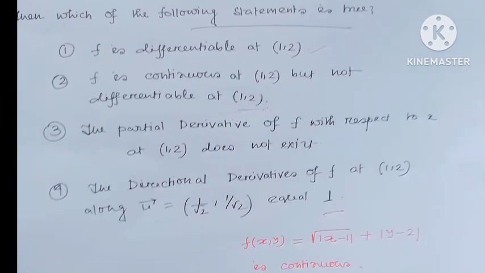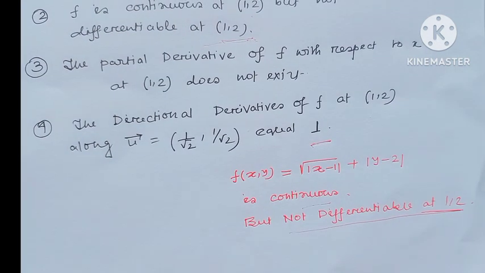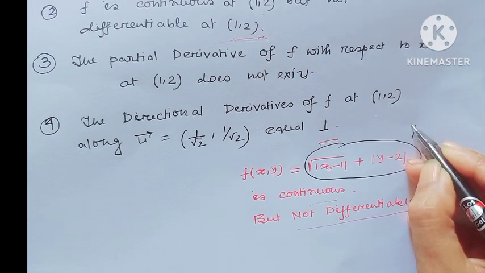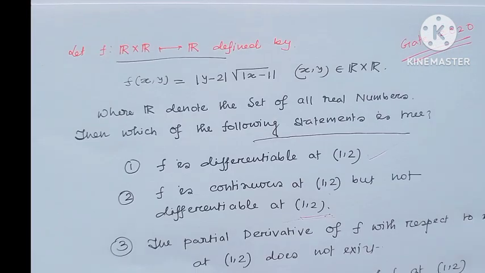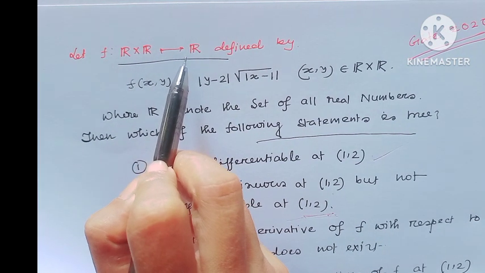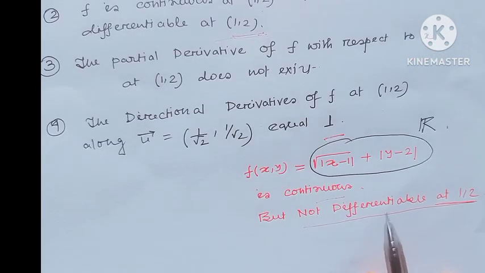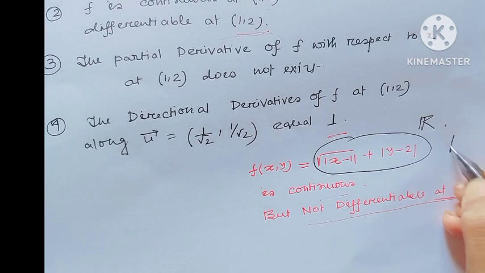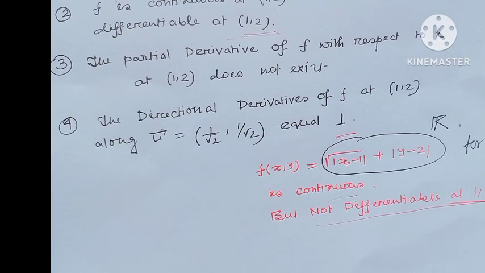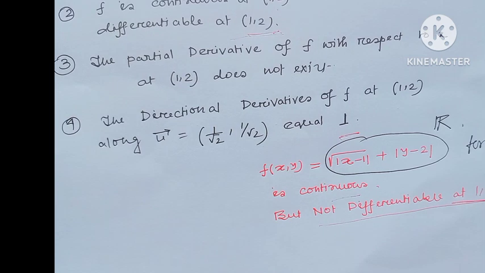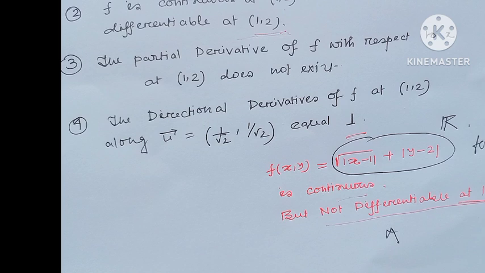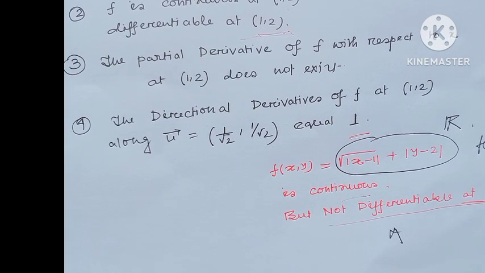But this is the biggest wrong method, because it is applicable only when the function belongs to R. Here the function is defined from R×R to R, so this rule is not applicable for R². For differentiability in R², I will use the actual method. Many students would go wrong here.